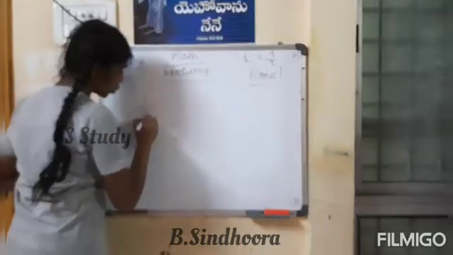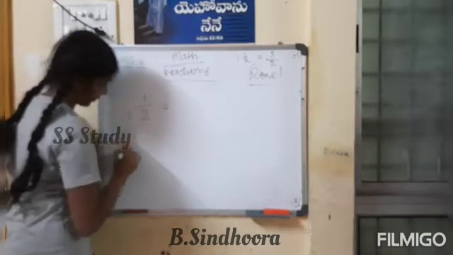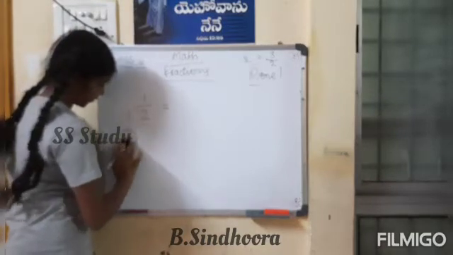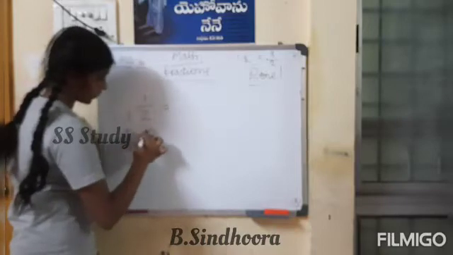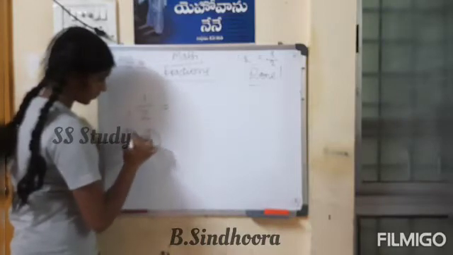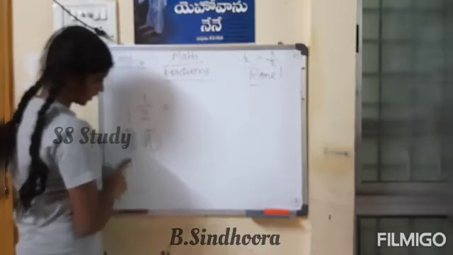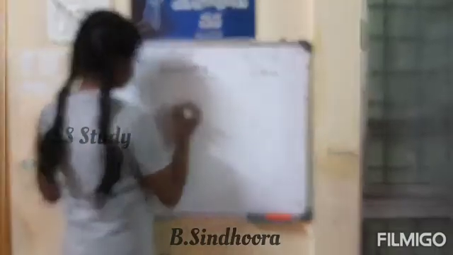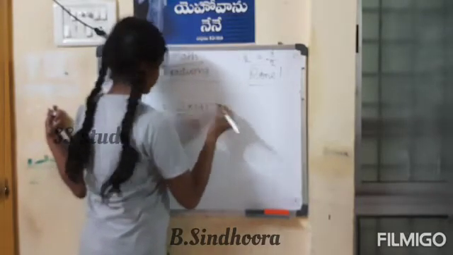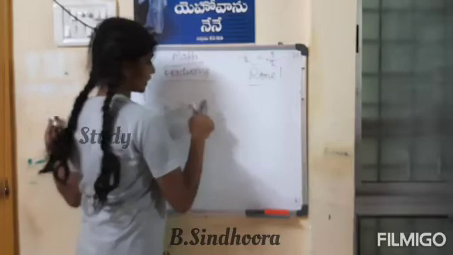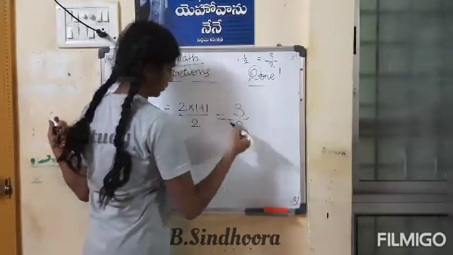1 by 2. Let's draw the diagram. This ball is taken, and see. Now let's convert. 2 into 1 plus 1. 2 ones are 2 plus 1 is 3. 3 by 2.